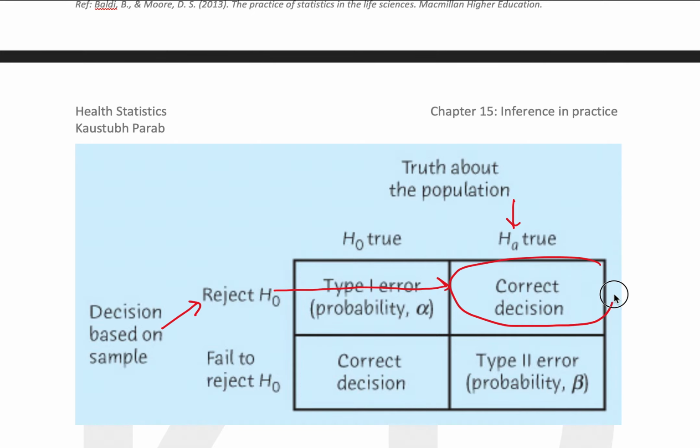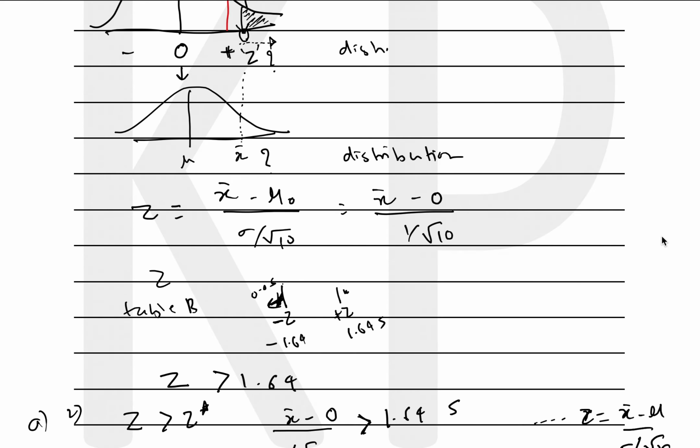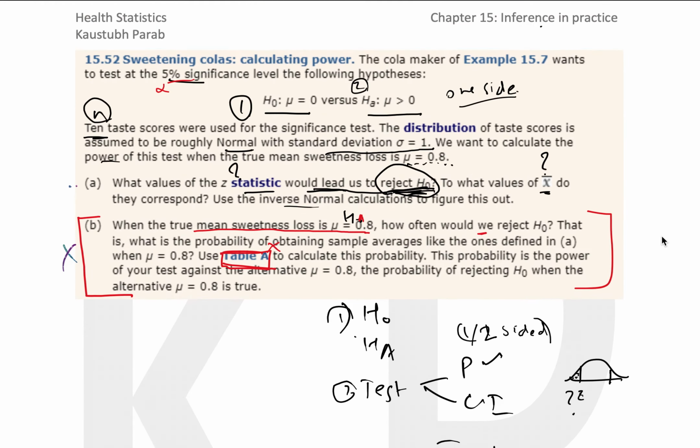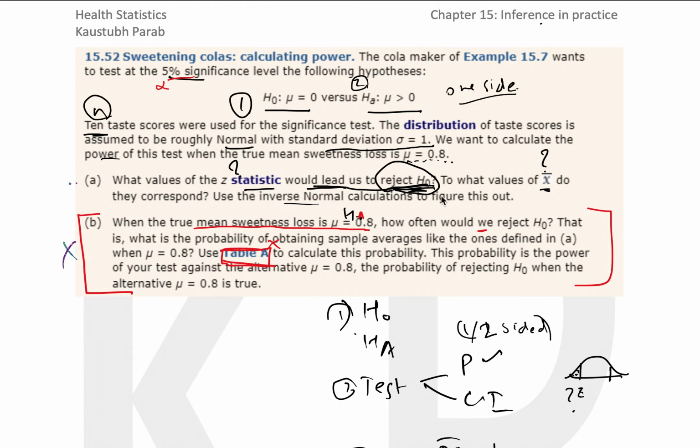So that is the cell that we are referring to conceptually, and that's nothing but the power of the study. That's basically saying that we have been asked to calculate the power. Pause and go back again if you are confused with that particular 2 by 2 table, but I think this will further clarify.